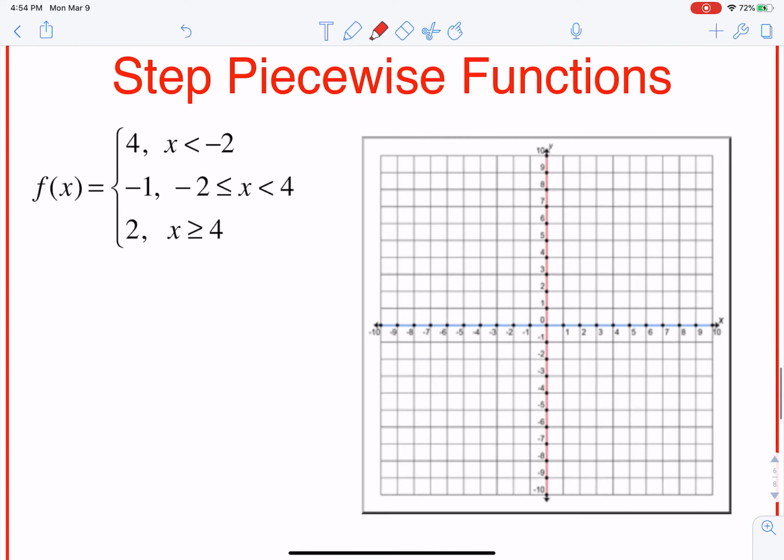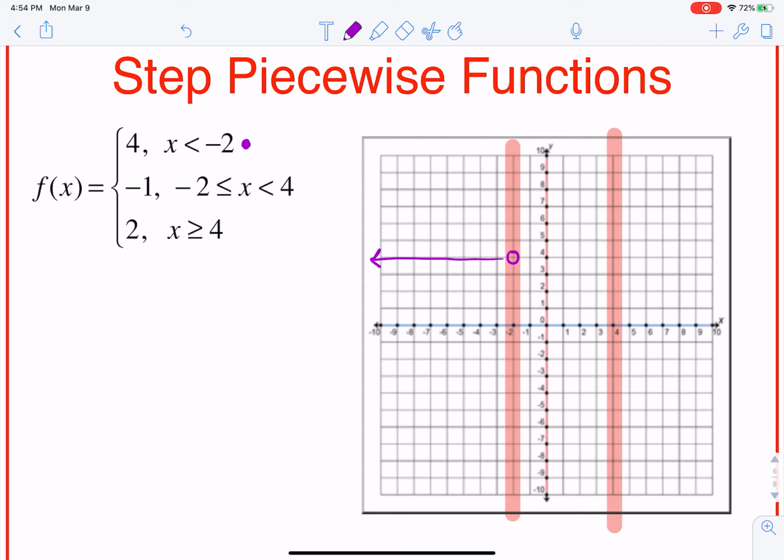So we can go ahead and sketch in one more of these. So it looks like at -2 and at 4, 4 was a popular domain value here, so for x values that are less than -2, my graph will just look like it's at 4. So here I'll have an open circle, and here we'll just keep going that way.